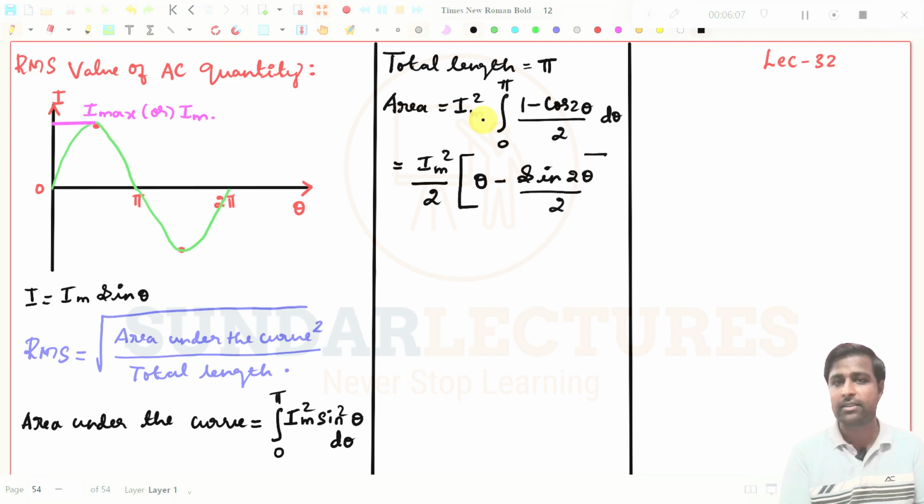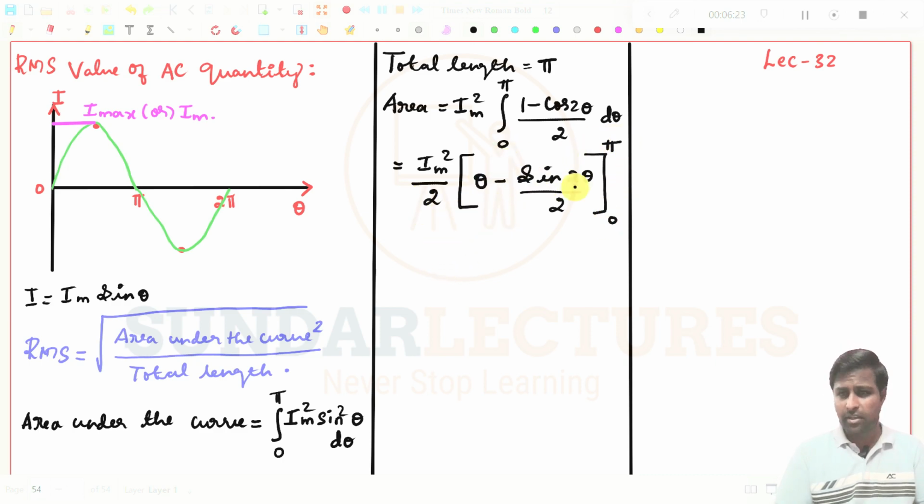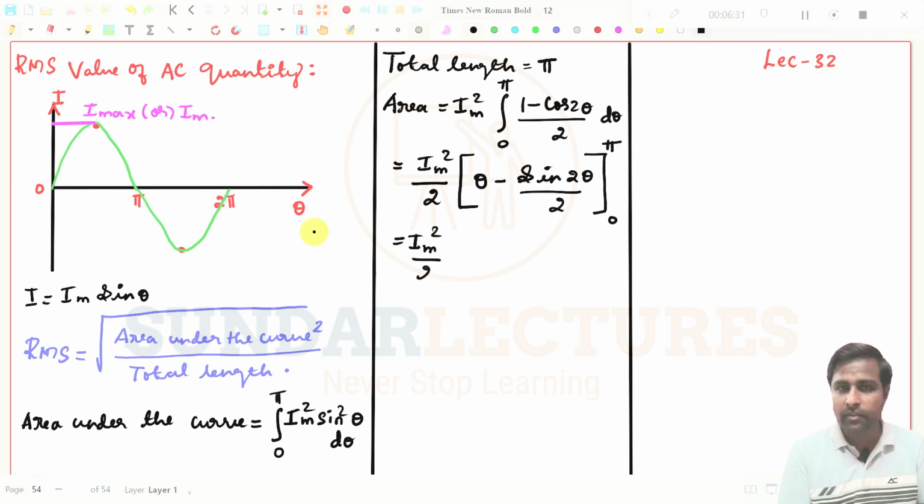Then the limits will be 0 to pi. If you substitute pi as the upper limit and 0 as the lower limit, instead of theta, you will get Im square divided by 2.